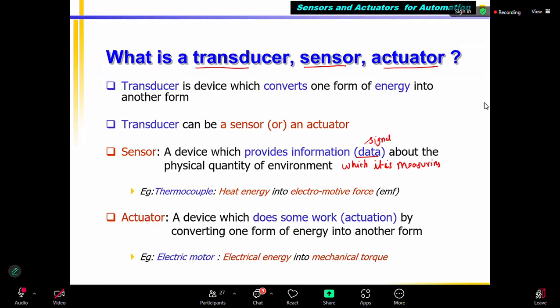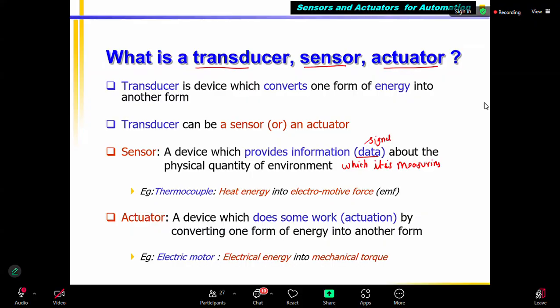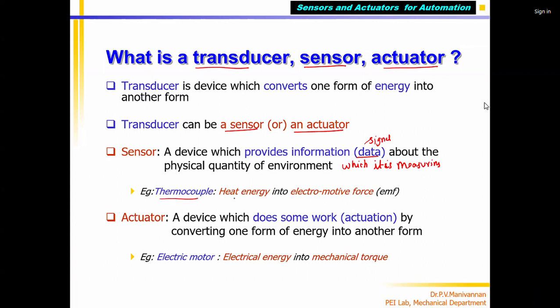So a sensor also converts the input energy into another form of energy, an electrical signal, which can be used for quantifying the input parameter. So a sensor is also a transducer. That's why we said a transducer can be a sensor or an actuator. An example is the thermocouple, which converts heat energy into electromotive force, EMF.